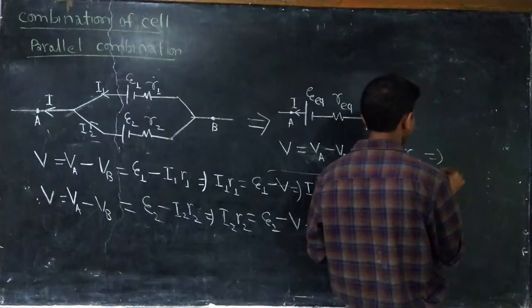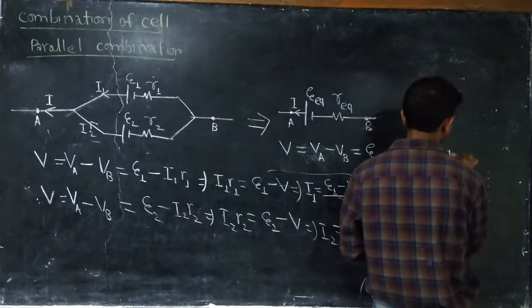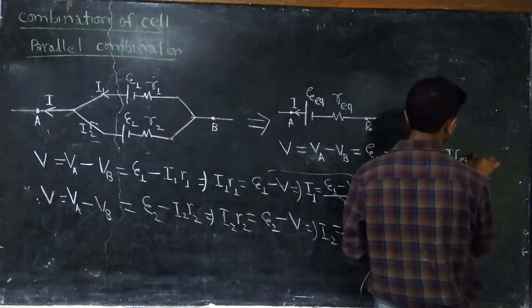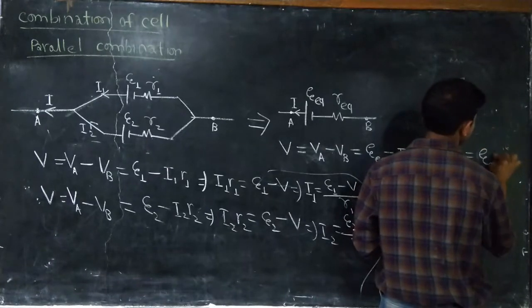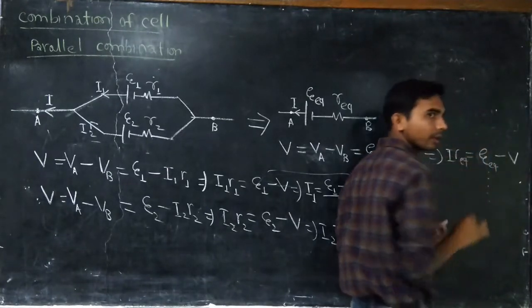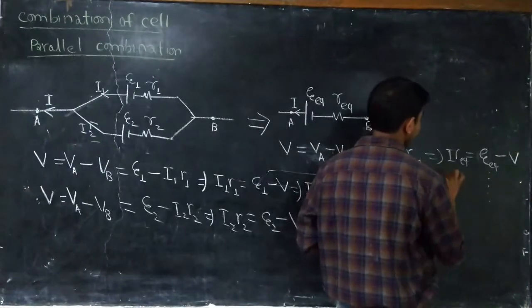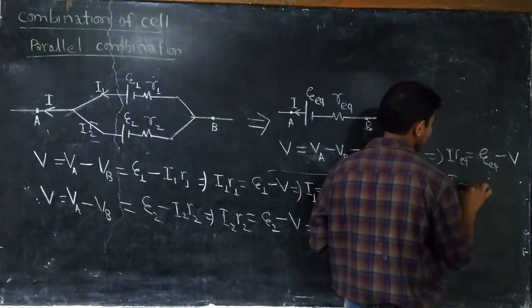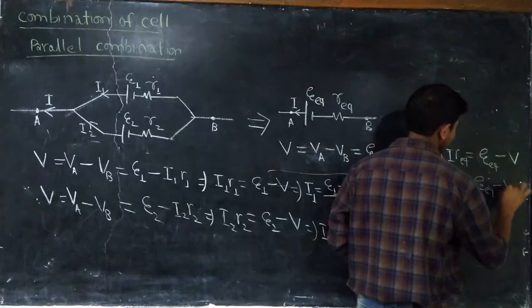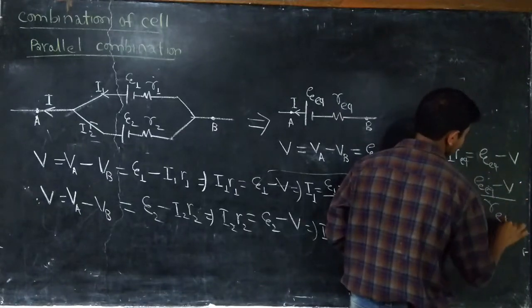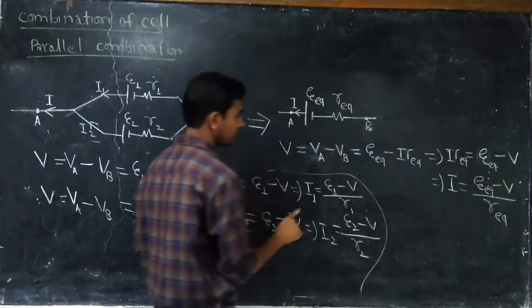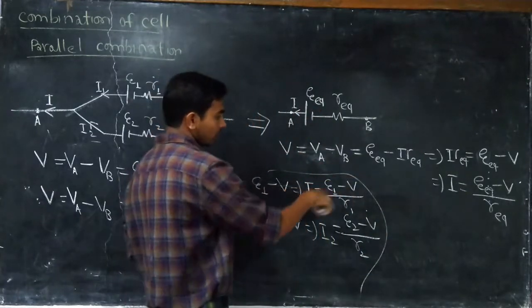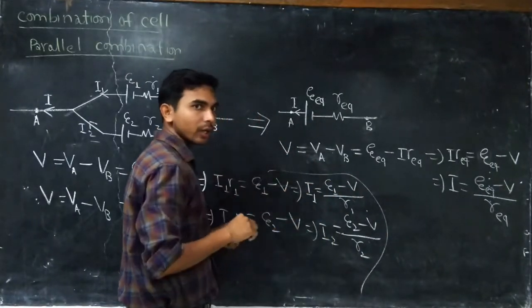Further we can write like this: I R equivalent is equal to E equivalent minus V, and so I is equal to (E equivalent minus V) by R equivalent, right? So we calculated I1, I2, and I, right?